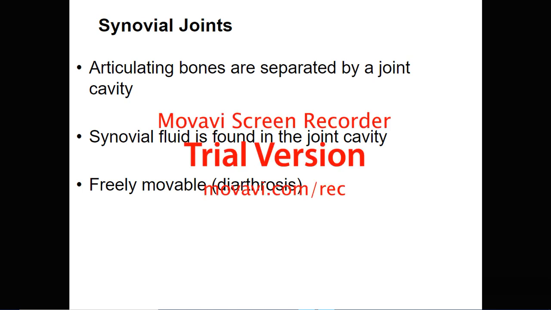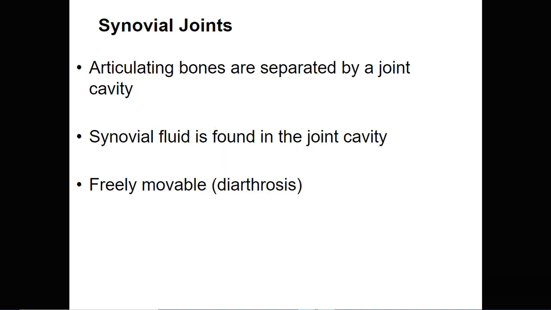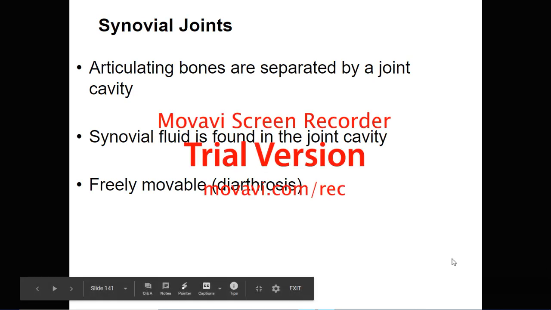And for the cartilaginous joints that we just got through talking about, slightly movable is amphiarthrosis. So that's a recap on those terms. We will talk about synovial joints in more detail in the next few slides.